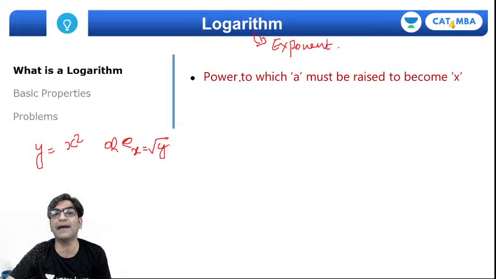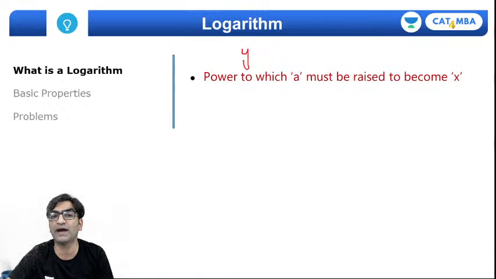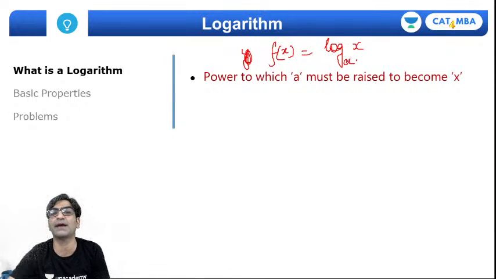तो log का मतलब क्या है? The power to which, right? Let's define this properly. So if you have a function f(x) as log of x in the base a, तो इसका क्या मतलब है?